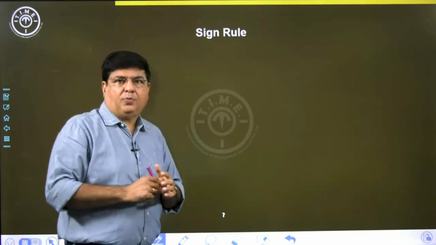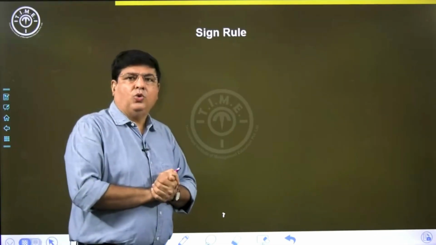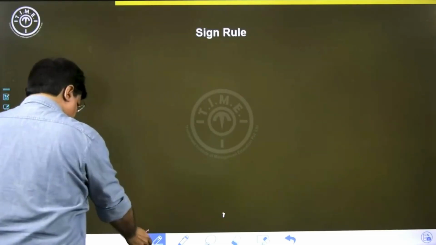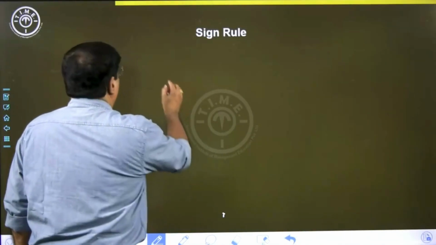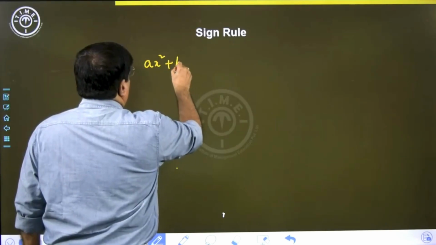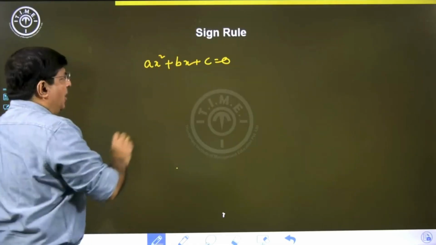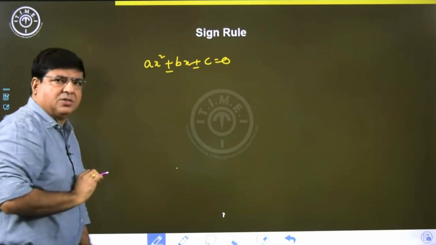Now, before we get into problem solving, let us see some important sign rules here. We know that a quadratic equation is of the form ax square plus bx plus c equal to 0. You can have various combinations of signs here, plus minus, plus minus.